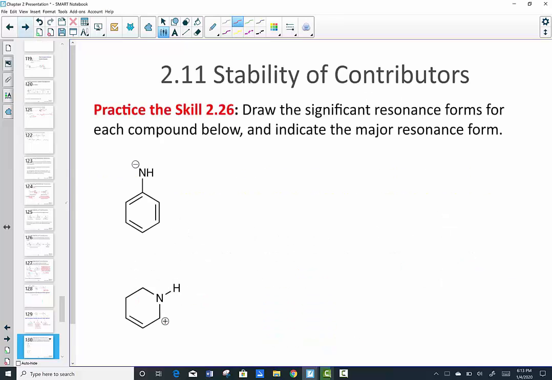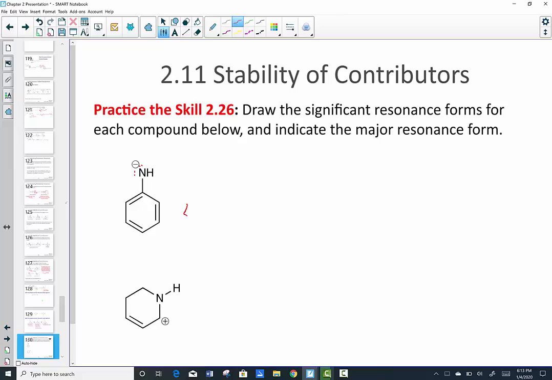And so that's kind of the homework part here, drawing the significant resonance forms for each compound below and indicating the major resonance. So if I have a negative on the nitrogen, it means it has 2 sets of dots on it.